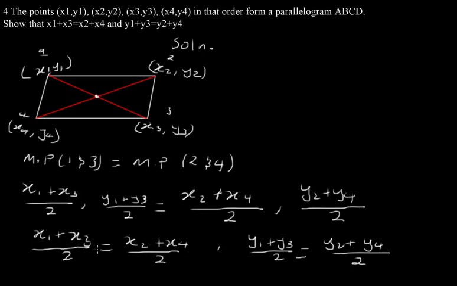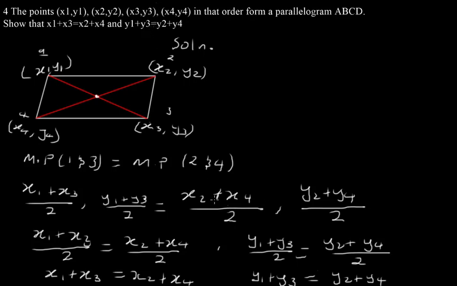So we can multiply both sides of the equal sign by 2, and we would have x1 plus x3 equals x2 plus x4, and y1 plus y3 equals y2 plus y4.